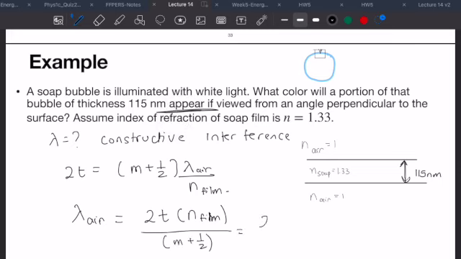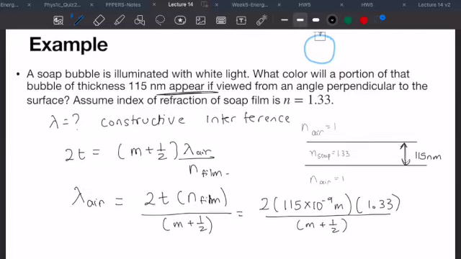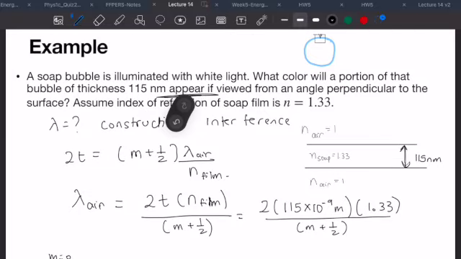Plugging everything in, we get 2 times the thickness, which is 115 nanometers, 115 times 10 to the minus 9 meters, times n of the film, which is 1.33, all over m plus a half. Now, we weren't given any m, and we're just asked to see what color we see. So we'll go ahead and try a few m's and see what range of wavelengths we get. Before we start with m equals 0, let's simplify this expression.